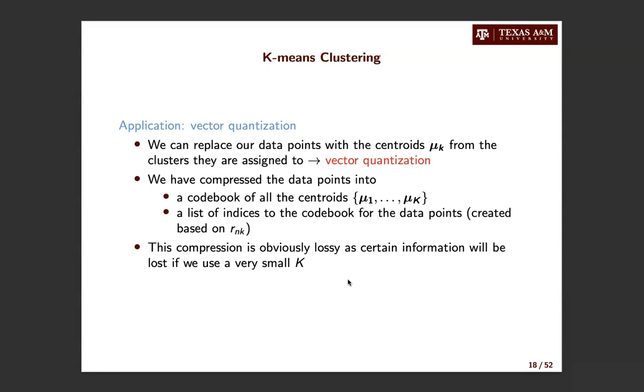This saves space because instead of having all the values for all dimensions for a single sample, we can just have an index for a single sample that points to the centroid to which this sample belongs. Of course, this compression is lossy because we cannot go back and fully reconstruct our data, but in certain cases it can work.